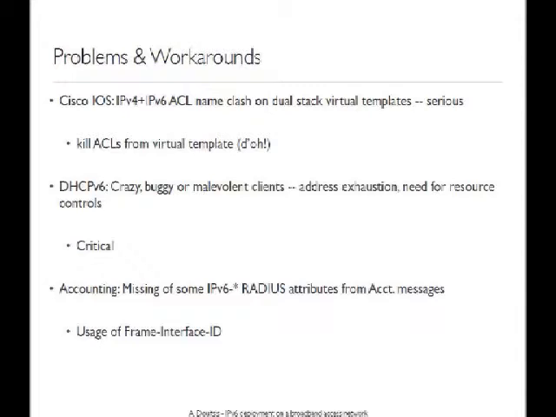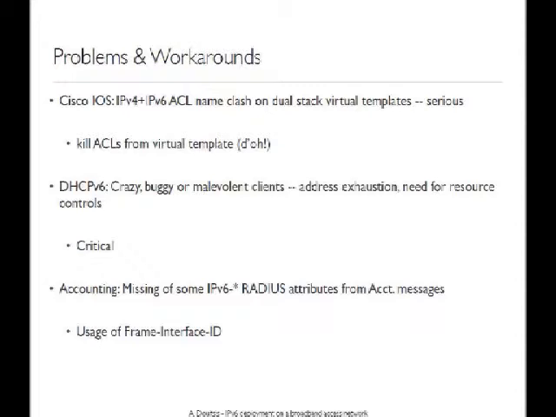The virtual template is the PPP interface connecting the user with the infrastructure. But we came upon this nasty bug: when you try to use both IPv4 named access lists and IPv6 access lists on the same virtual interface, the virtual interface doesn't come up at all.